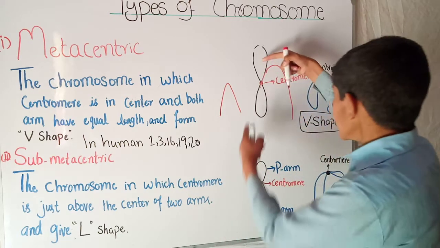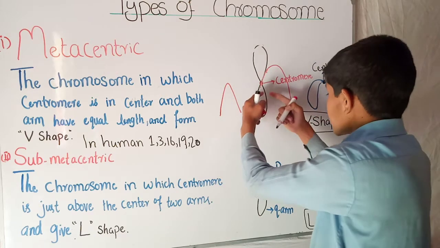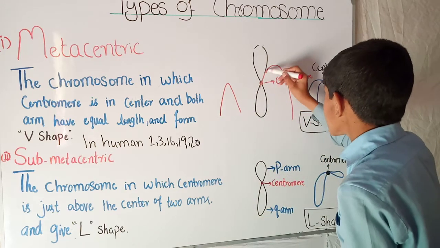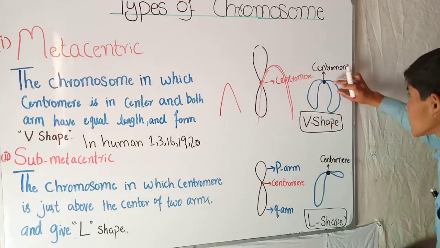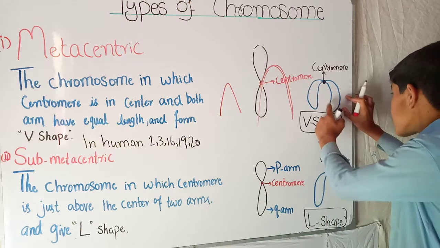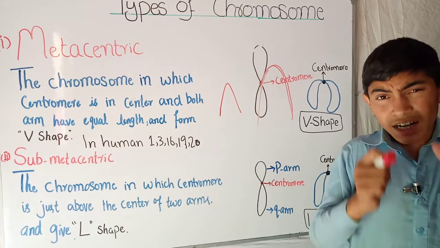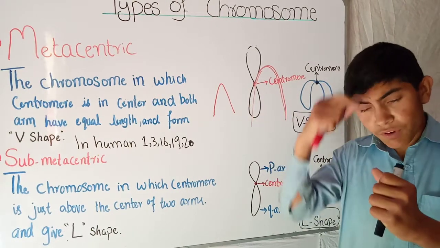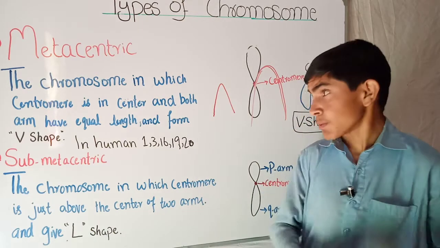You can see here this is a V-like shape. This is the centromere, this is one arm of the metacentric chromosome, and this is the other arm. If we fold one arm against the other, it gives us a V shape.